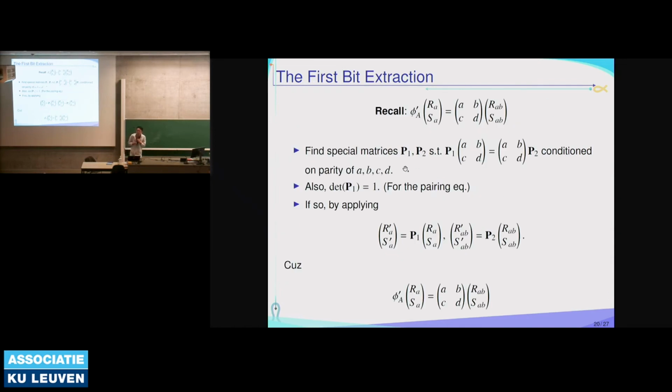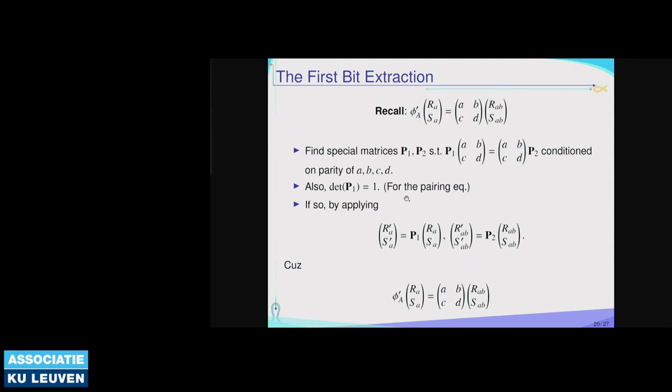And our goal here, the way we extract the first bit, is that we find two special matrices, P1 and P2, such that P1 acting on this matrix equals the matrix P2, conditioned on the parity of ABCD. And also we require the determinant of P1 to be 1. We need this for the pairing equation.